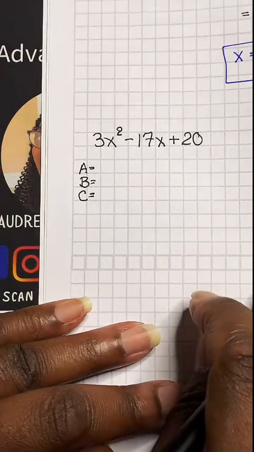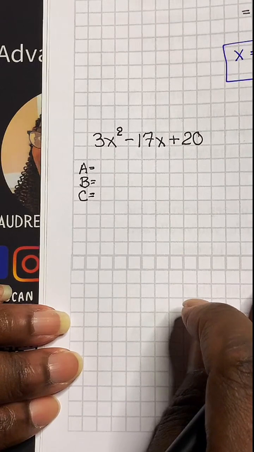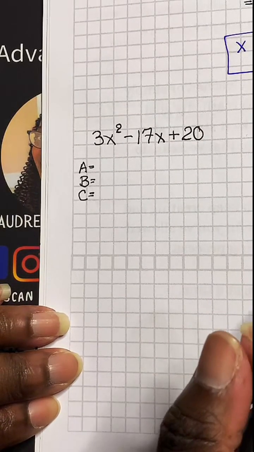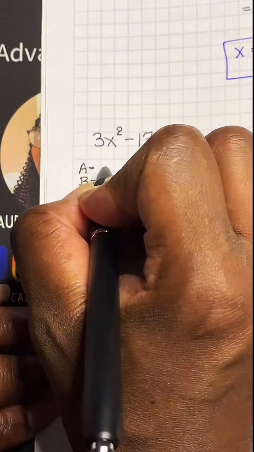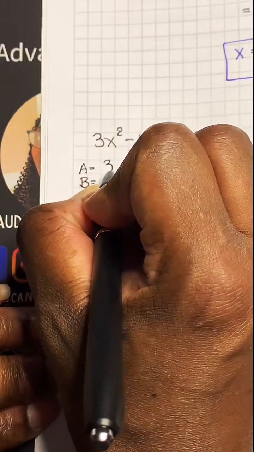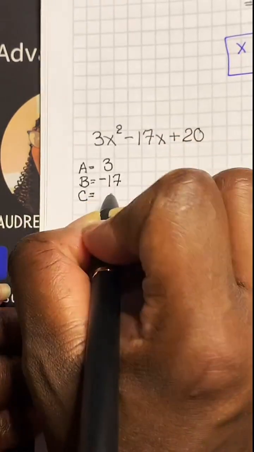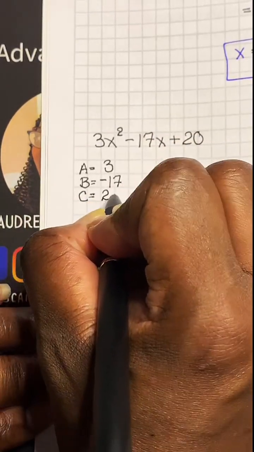Okay. Here we go. Just missed one number. So you have your 3, you have your negative 17, and you have your 20.